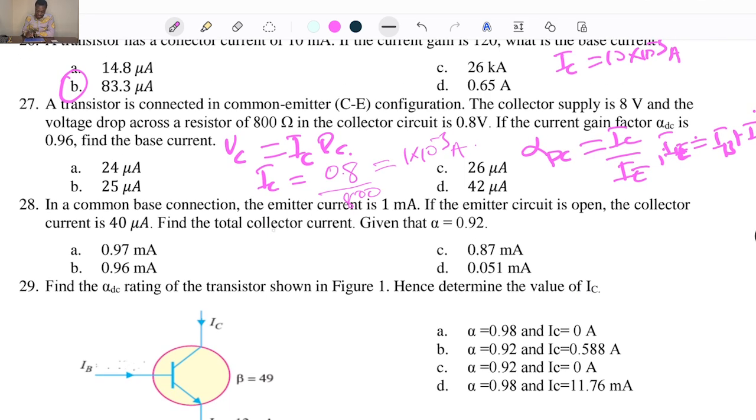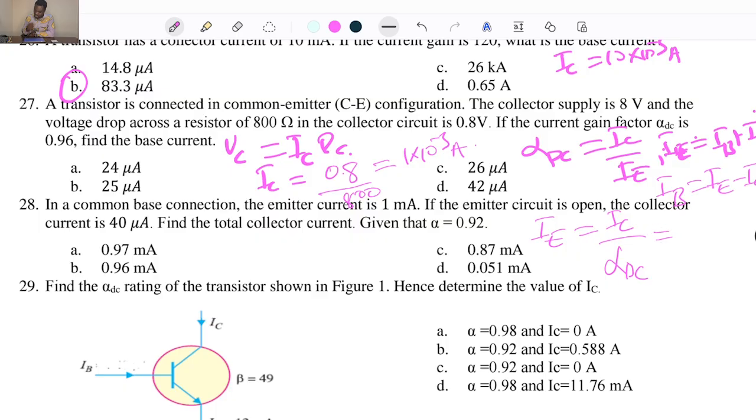Then from there, we can now try and get our IE, right? Because if I make the base current the subject, I get IE minus IC. So now we know IC. Let's try and get IE. And from the alpha DC we know that the emitter current will be equal to IC over alpha DC.